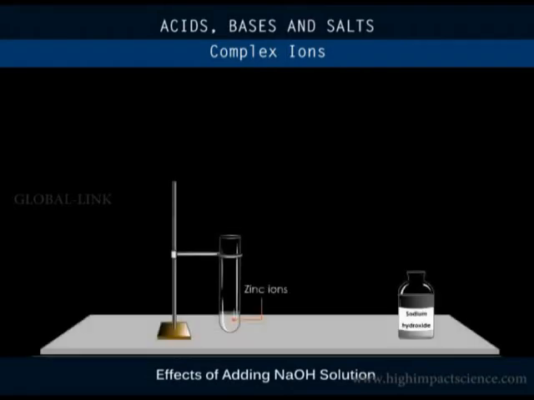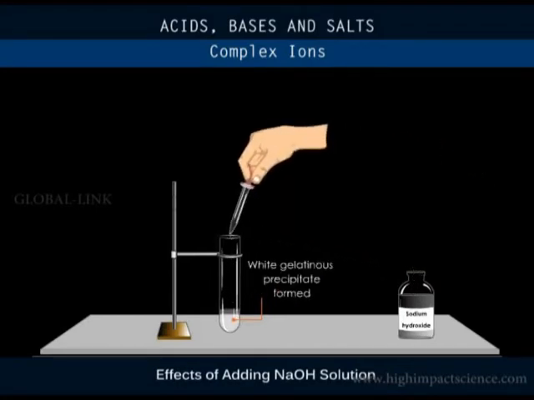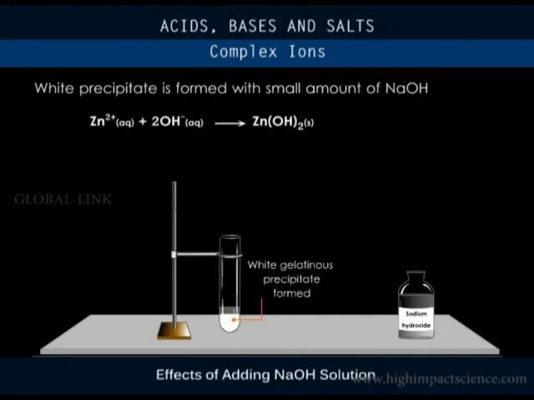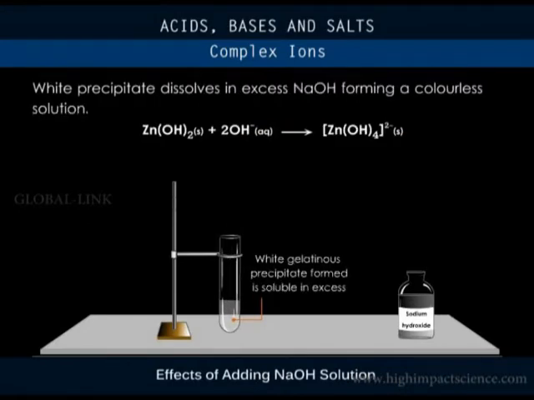Next is a solution containing zinc ions. We add a small amount of sodium hydroxide. A white precipitate is formed. Then we add excess sodium hydroxide, and the precipitate dissolves to form a colorless solution.